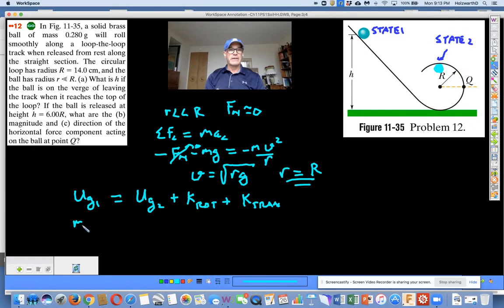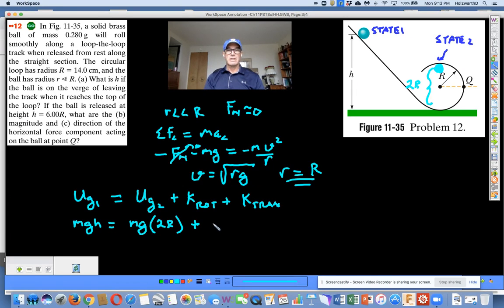Let's see how far we got with that one. We have mgh is equal to mg, and notice that the final height at state 2 is going to be 2r. I hope you see that. So that's the diameter of the loop.